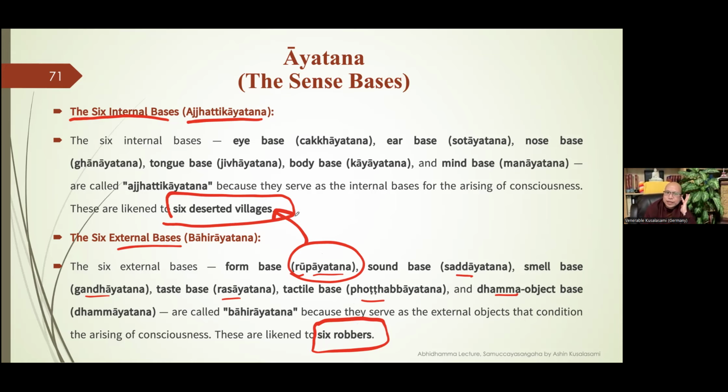Our ear, sota āyatana, is visited by the sound base, sadda āyatana, always. So the six internal bases are like six desert villages, and the six external bases are like six robbers. If we understand this deeply, it is very helpful for meditation practice.